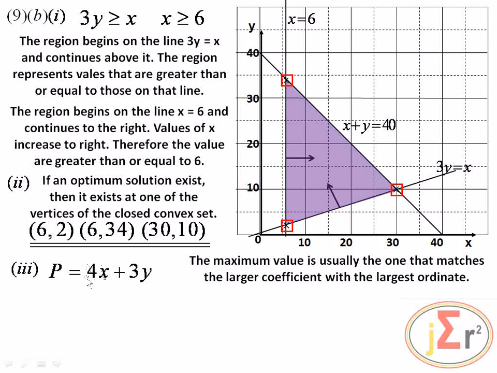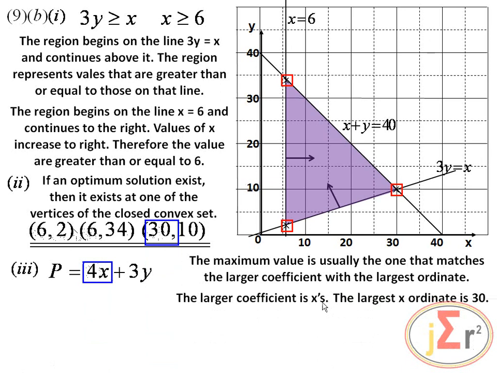So we are going to try to find the largest x ordinate, and that is 30. So that one should give the maximum there. Therefore, this one should give the maximum.